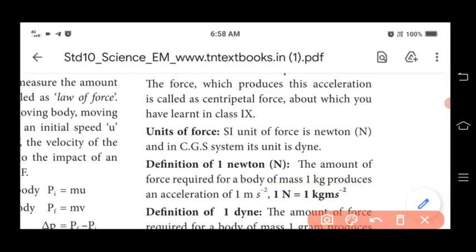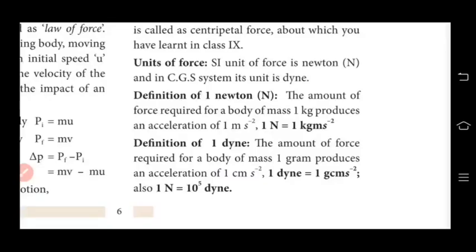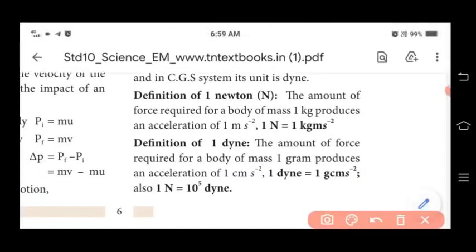And then the definition for one dyne, because dyne is also a unit for force in the CGS system. So we must know the definition for one dyne.